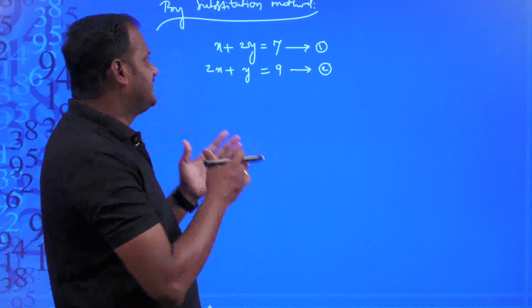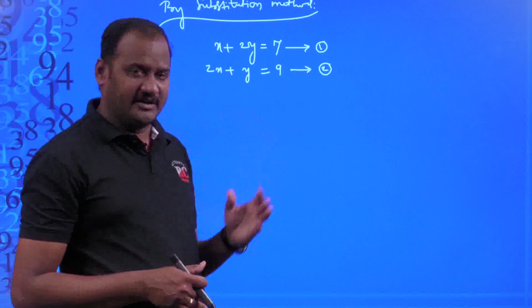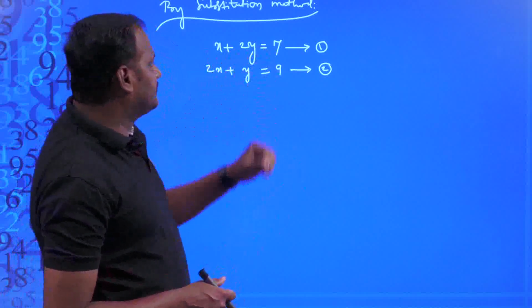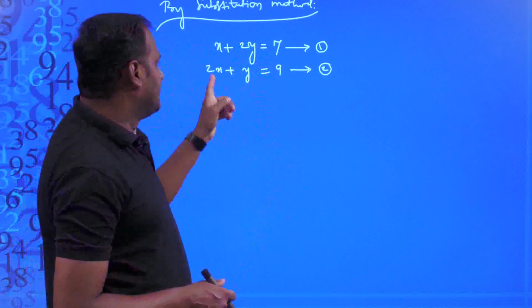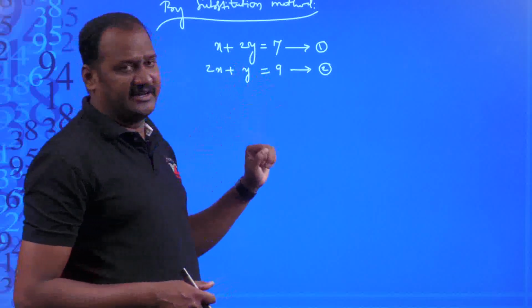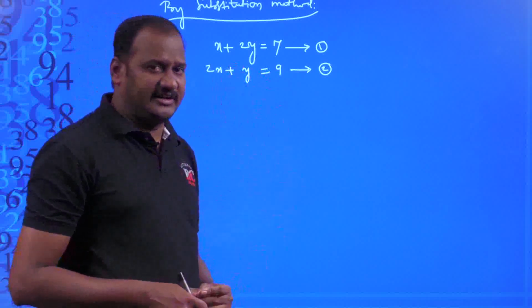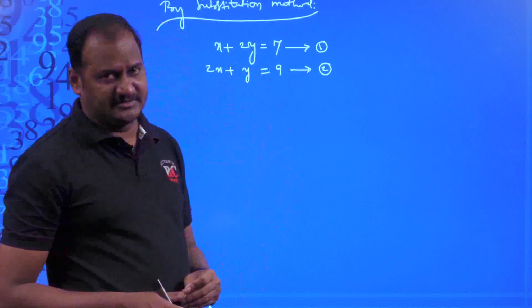Okay? Then it is easier to obtain the value of the variable in terms of the other variable, and we can easily substitute. See here, x plus 2y is equal to 7. In this, the coefficient of x is 1, the coefficient of y is 2. In 2x plus y is equal to 9, the coefficient of x is 2 and the coefficient of y is equal to 1. So you can choose either x or y from one of these two equations, right.